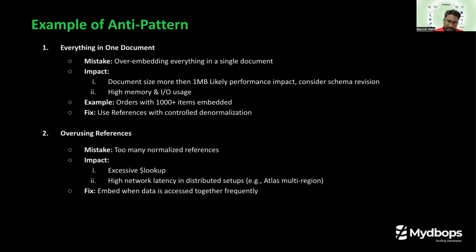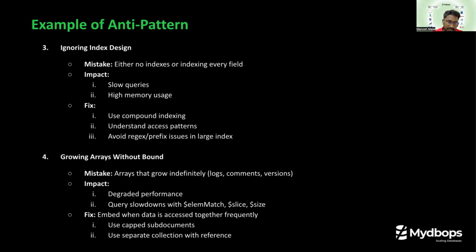So don't try to keep everything. If some information you don't fetch all the time, and it is very big or it grows freely, don't keep it in one document; keep it more as a reference. But don't overuse references either, since that becomes a flat model. So understand this problem statement and choose wisely.